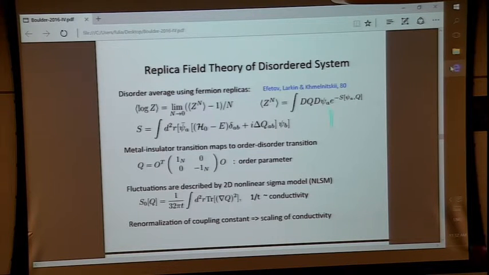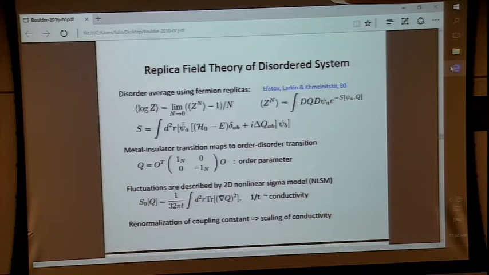All right. So for now, through this technique, the problem of metal-insulator transition is mapped to a problem of interacting fermions, and moreover, in this interacting fermion system, there are two phases. In one phase, the order parameter Q in replica space, the flavor space is also called replica space, is 0. That describes basically a disordered phase.